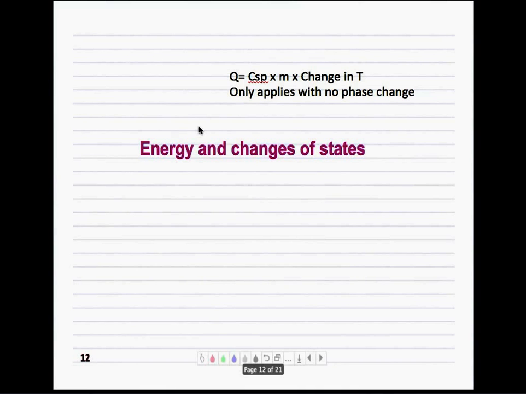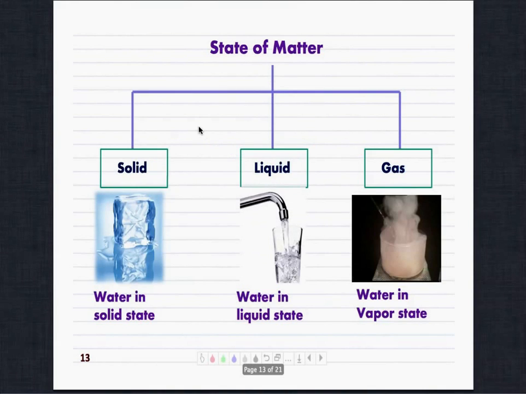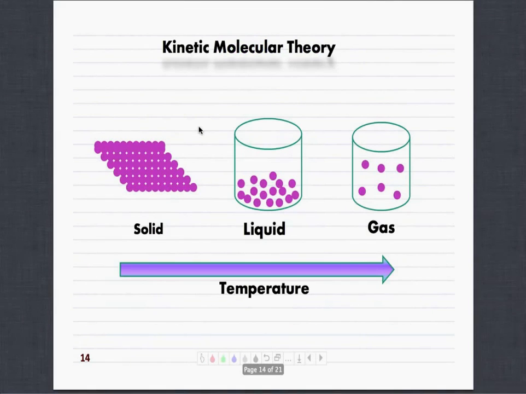So as you know, definitely there are three states of matter: solid, liquid, and gas. Almost every material out there can be solid, liquid, and gas. There are some exceptions we're not going to talk about in this course. Now, as we said before in chapter 1, to go from solid to liquid to gas, we need higher temperature.